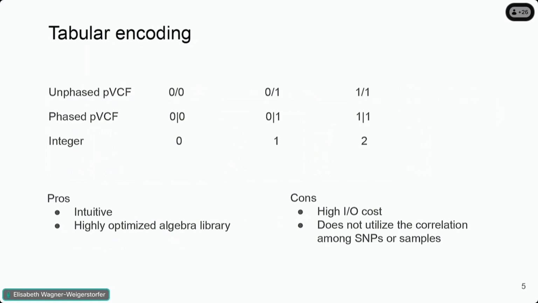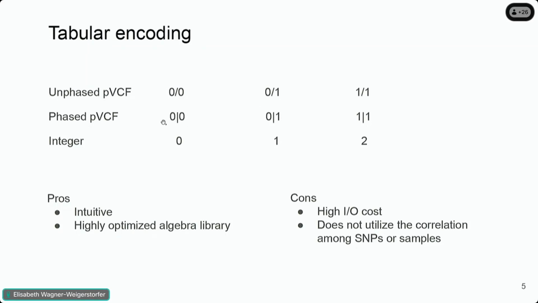In terms of encoding this kind of polymorphism data at population scale, the most popular format is VCF, which is a very flexible file format. What people use for downstream analysis is the PVCF, the VCF format for population-level data. We could have an unphased VCF or a phased VCF.